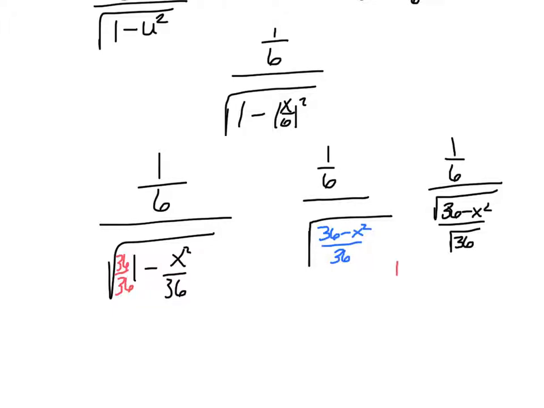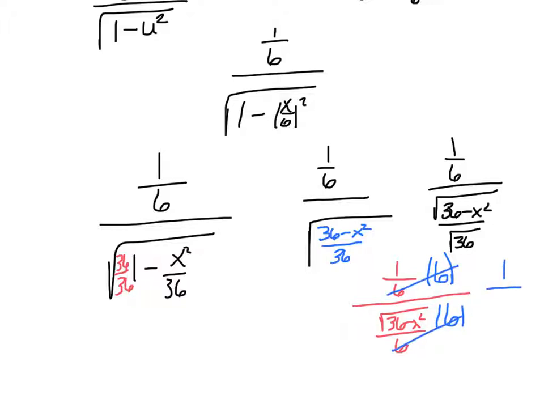So I'm going to say it's really 1/6 divided by the square root of 36 minus x squared over 6. Okay, I can take the square root of this single term, not when there's a plus and minus sign. And now I'm just going to multiply like a complex fraction. I'll multiply the top fraction by 6 and the bottom fraction by 6. That kills those. So I'm left with a 1 on top. That kills those. And the square root of 36 minus x squared.